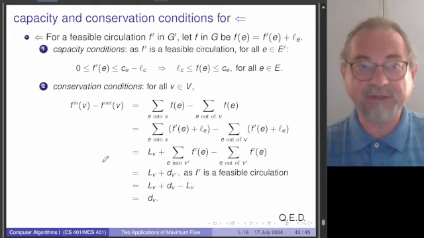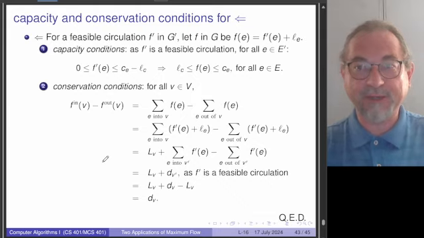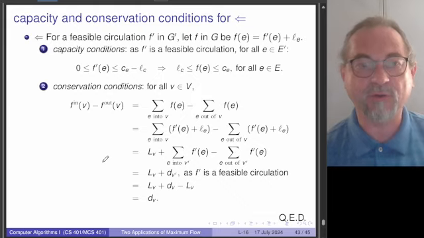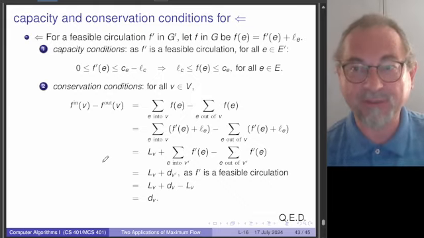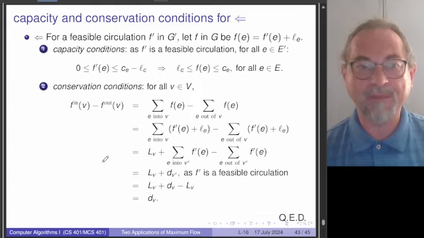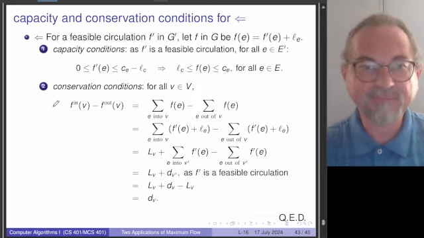Now, in the other direction, if we have computed a feasible circulation in our modified network where we eliminated all these lower bounds, then we can go back to our original problem by adding these lower bounds to the flow. We are also going back to the original capacities by adding these lower bounds, and there's still a typo here.